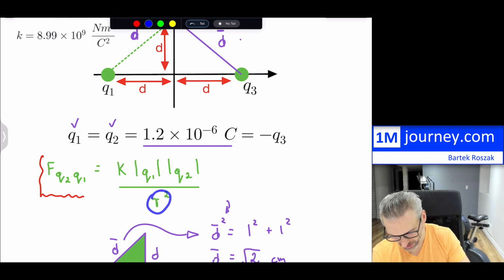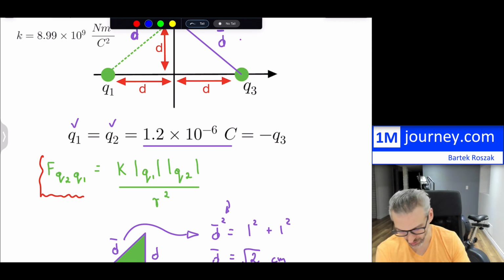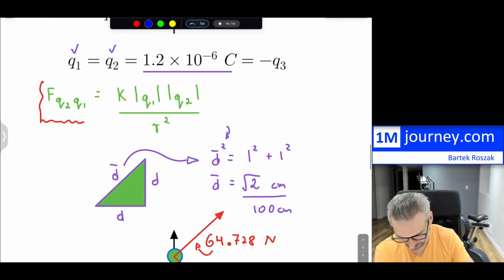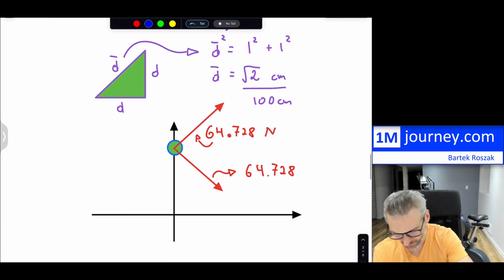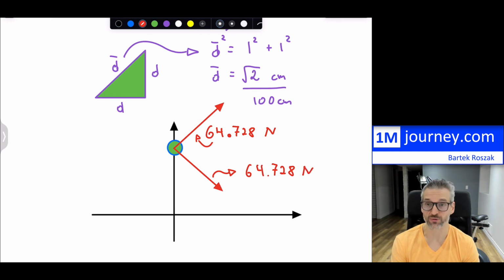The distance between them is the same as well because of what we had. If they weren't the same, we would have to find it, which would be a little bit annoying. This is a symmetrical problem, and of course the constant's the same, so I don't have to compute this at all and I will have exactly the same value. Just notice the direction is different.